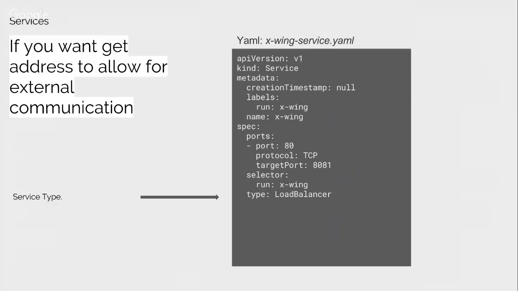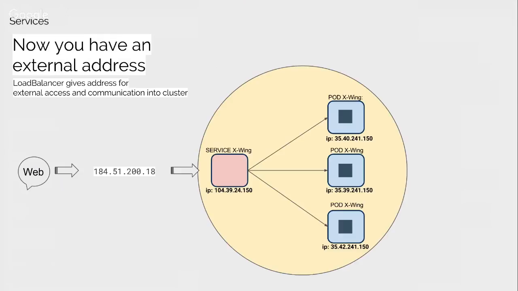Now, you can use the service to create external communication into the cluster. This is the same YAML file that we had before, but at the bottom, rather than saying node port, we define a load balancer. That definition may be called something different in different places, but it's going to create an external load balancer.